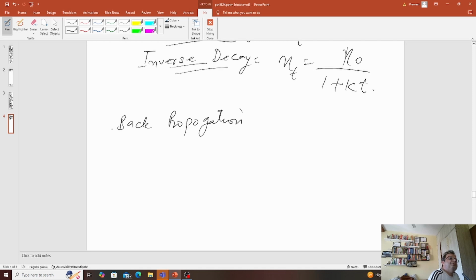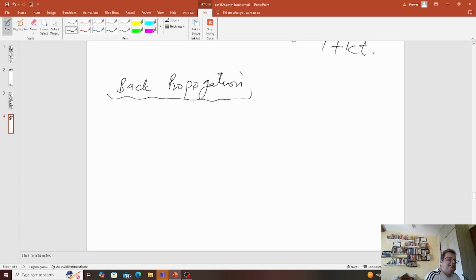Let me not get into the equations of back propagation because they are very complex to handle, but this back propagation happens in model estimation for neural networks. So a neural network will have neurons in your input layer, and then there can be some hidden layers, and then there is an output layer.